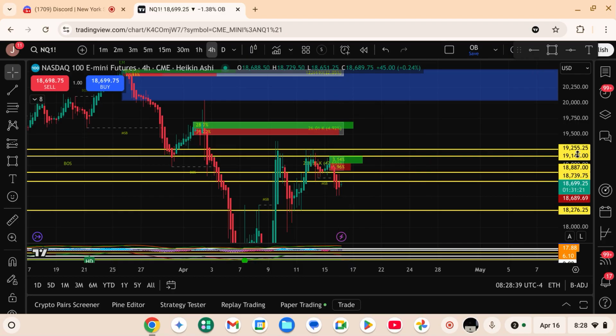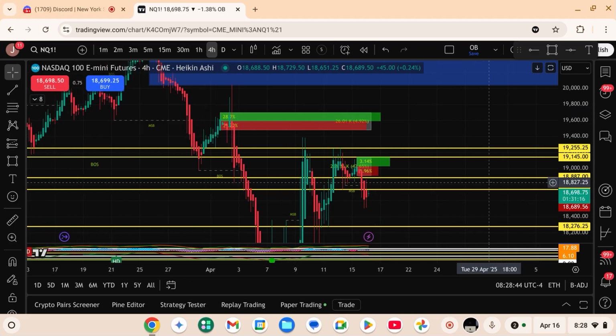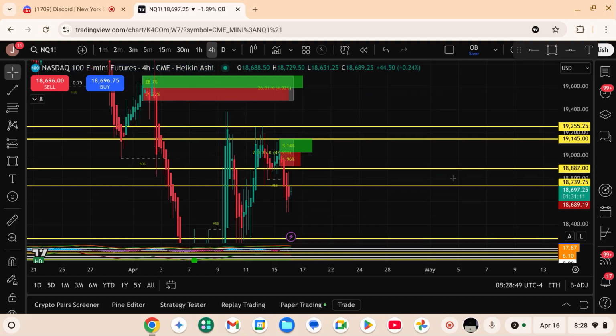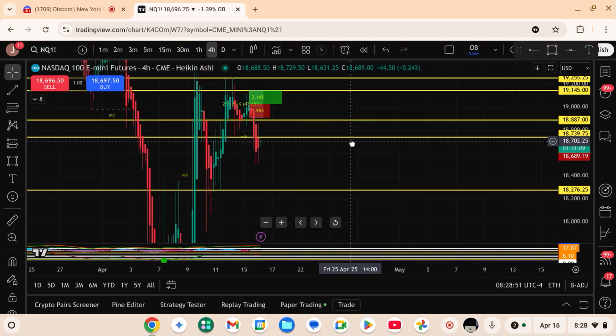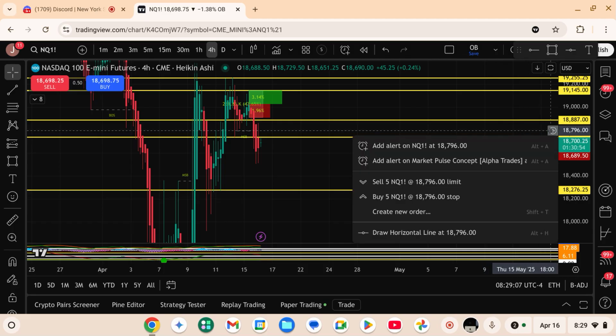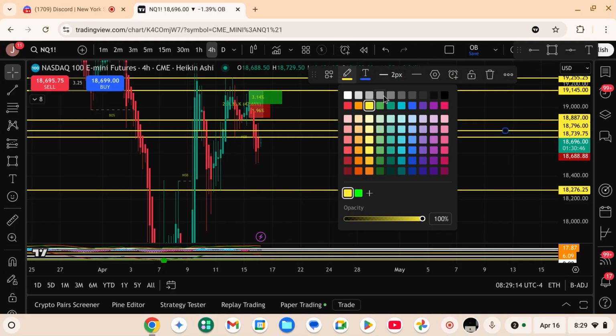Let me try to zoom in a little bit. So we can draw this one up, but this is a really tight range. If we draw that here from the 4-hour market structure break, we'll change the color, the blue.